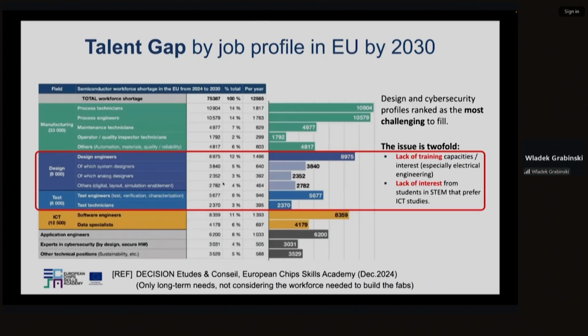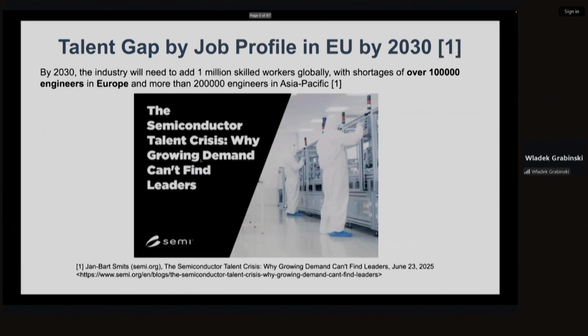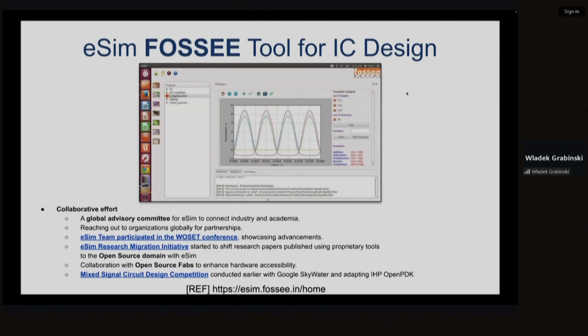Recent statistics are kind of scary. Just in Europe, we are missing about 10,000 or even more engineers and technicians in our microelectronics domain. Recent statistics bring these numbers to the highest level, talking about 100,000 engineers we would need in Europe.